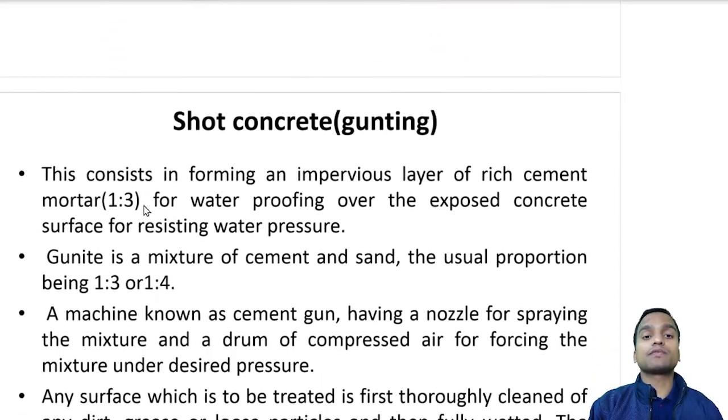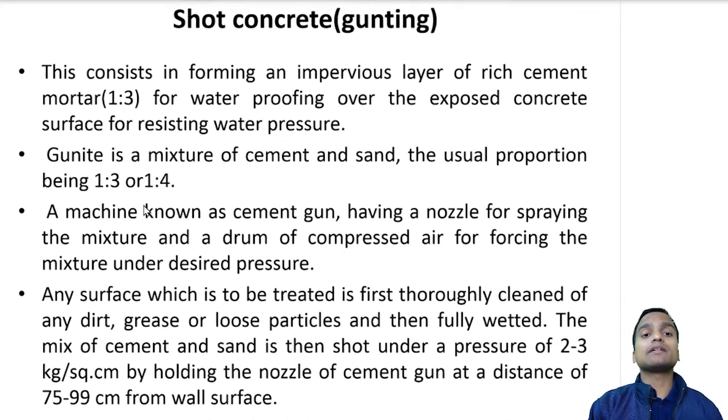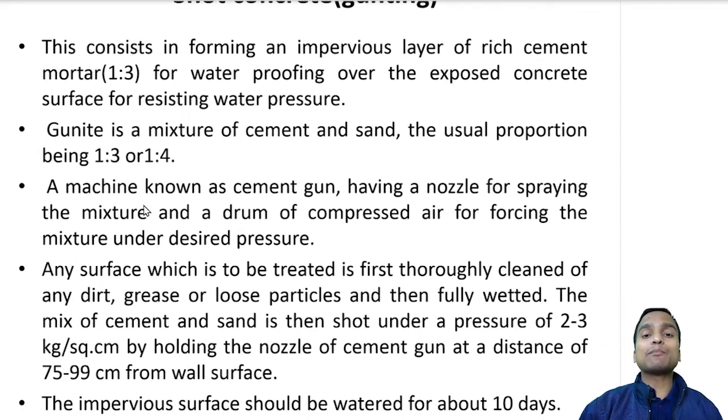Then the next method of damp proofing is shotcrete, and this is called gunting, and it consists in forming an impervious layer of rich cement mortar for waterproofing over the exposed concrete surface for resisting water pressure.